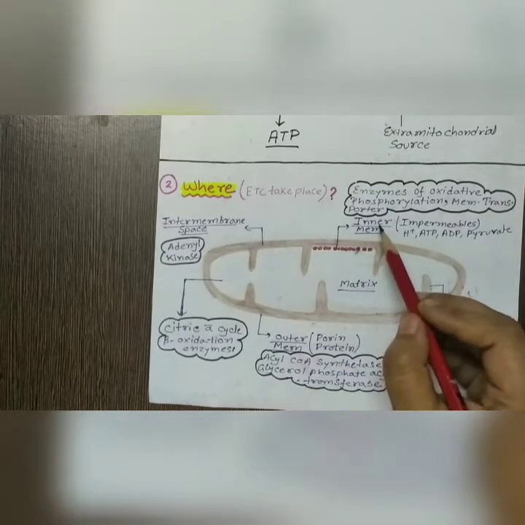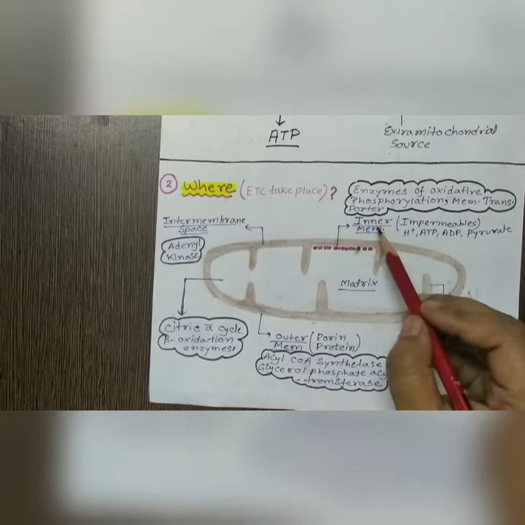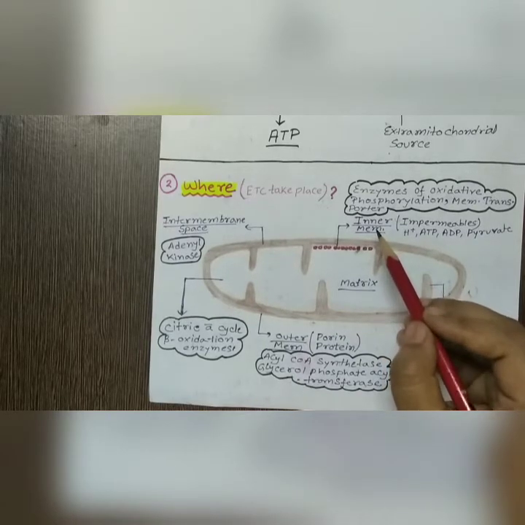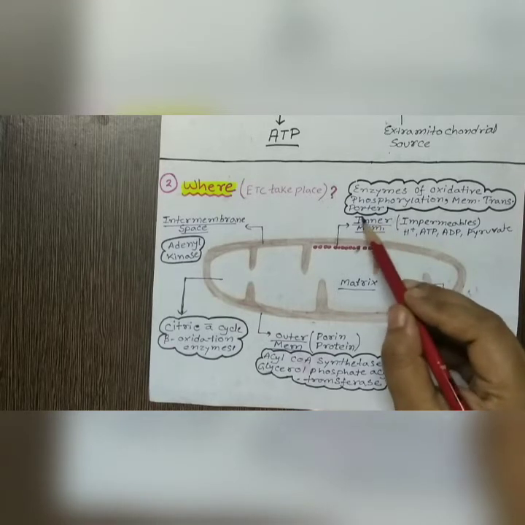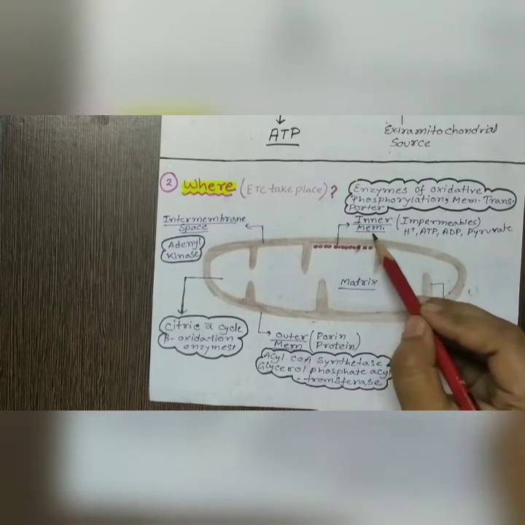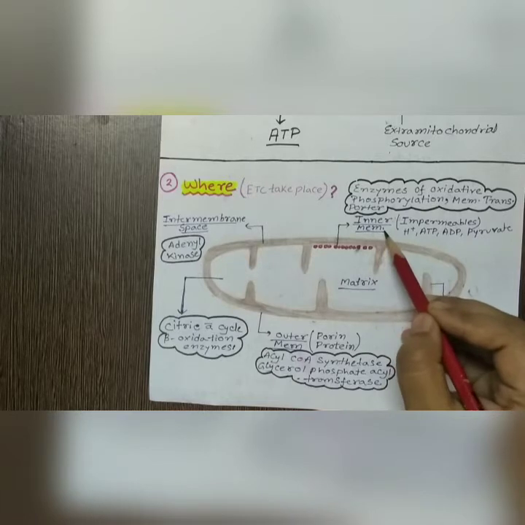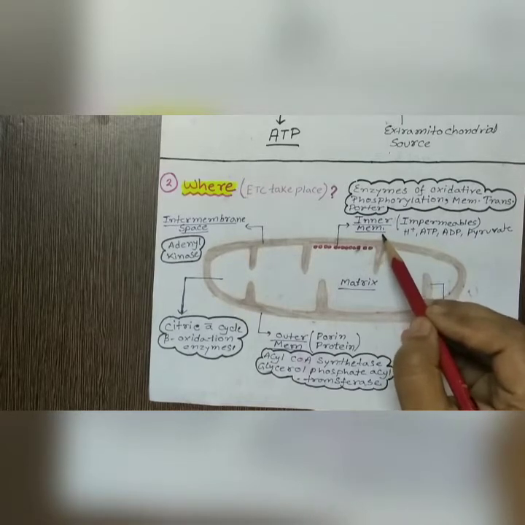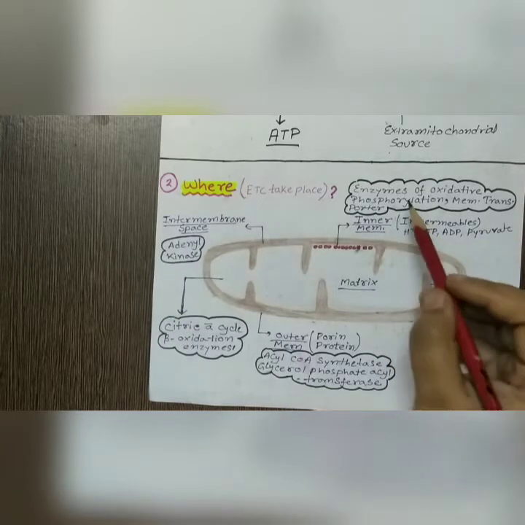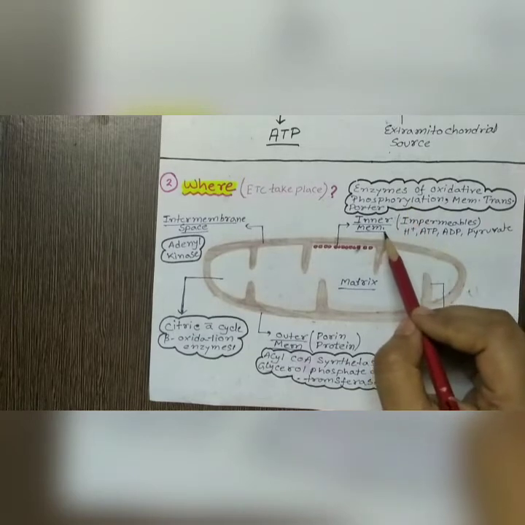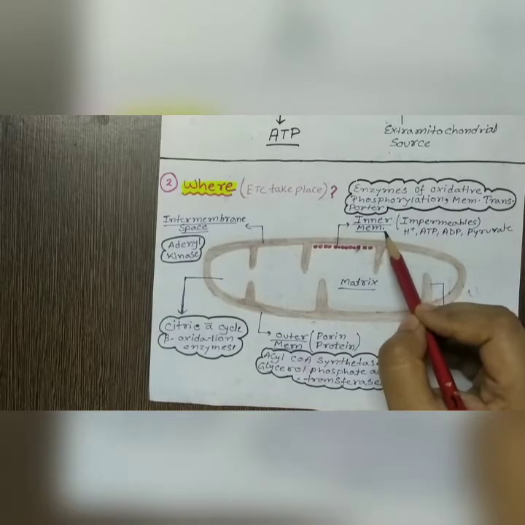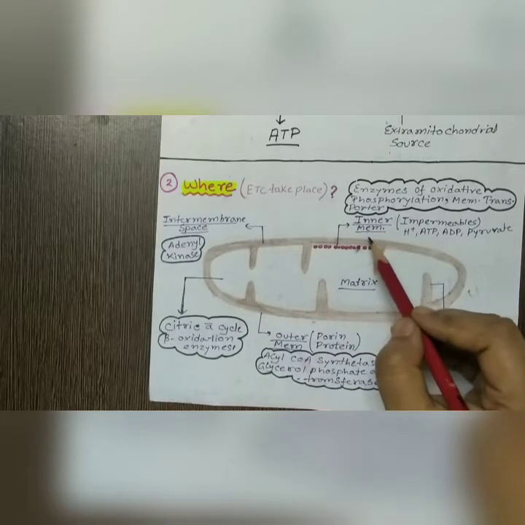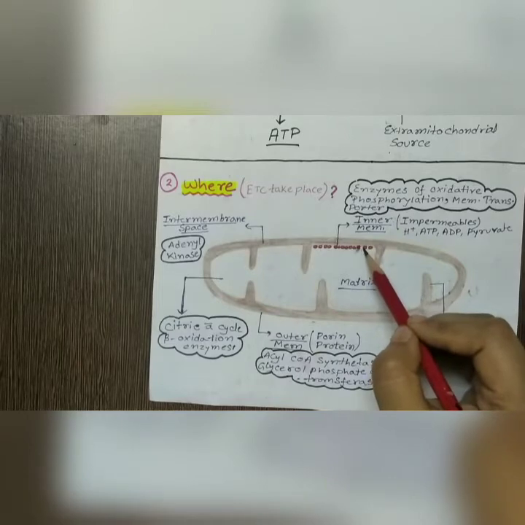But our main focus is to understand ETC. So the enzymes for ETC are mainly present in the inner membrane. Actually they are embedded in the inner membrane, right? There are also some membrane transporters. These membrane transporters also come into action in ETC.